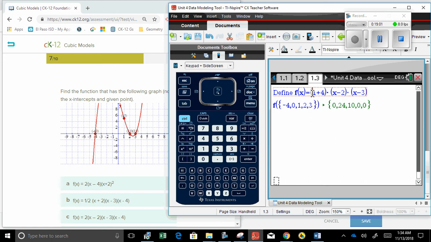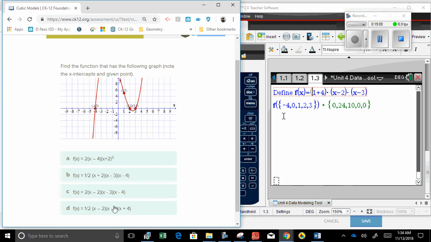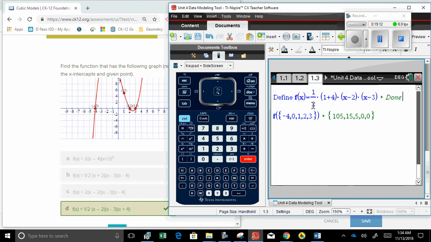If you look at these, it should be a half version. There it is. So 0, 12, 5, 0, 0.